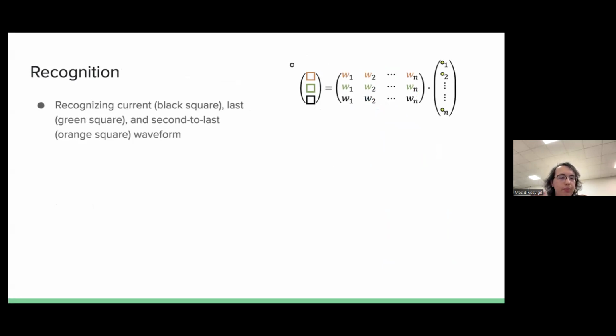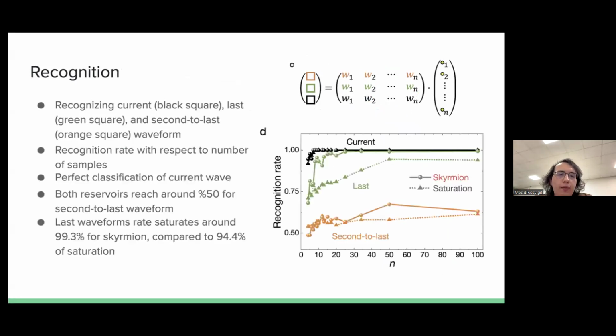So the black, green, and orange curves in the next figure D show the recognition rates of this system for the current waveform in black, the last waveform in green, and the second to last waveform in orange, as a function of n, the number of data points in a period.